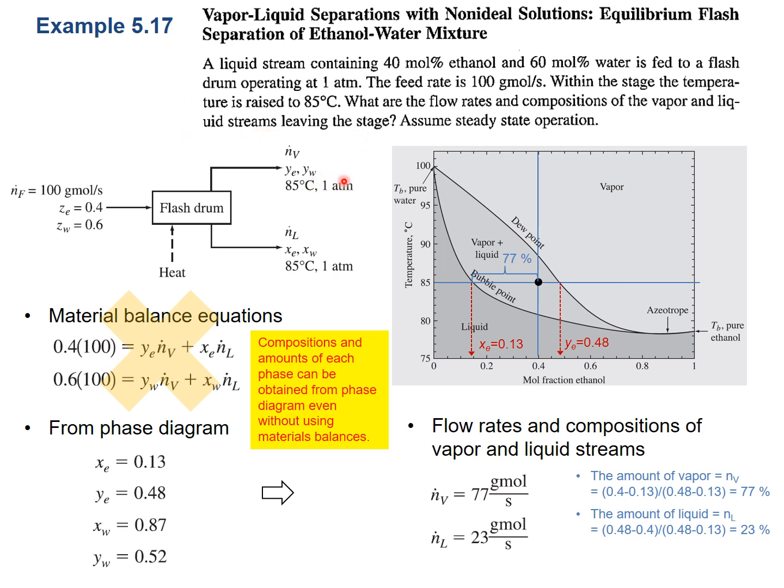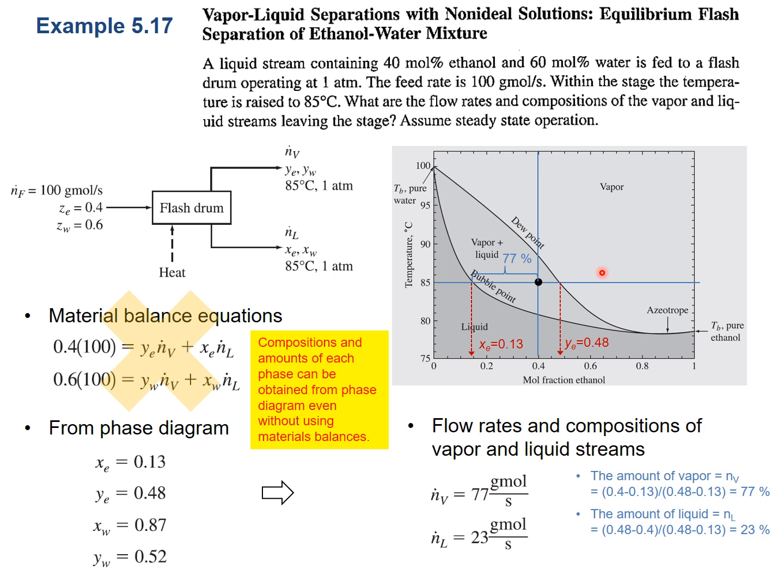It means we need to calculate all variables for output. This is very similar to the previous example. Assume steady state operation. Then the operating temperature and pressure are 85 Celsius degree and 1 atm. Fortunately, in this case, we have the phase diagram, which is different from the previous example about hexane heptane.